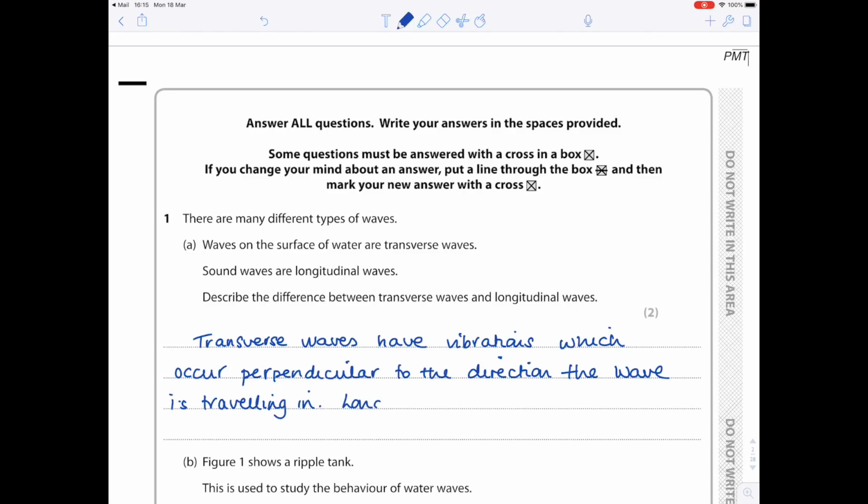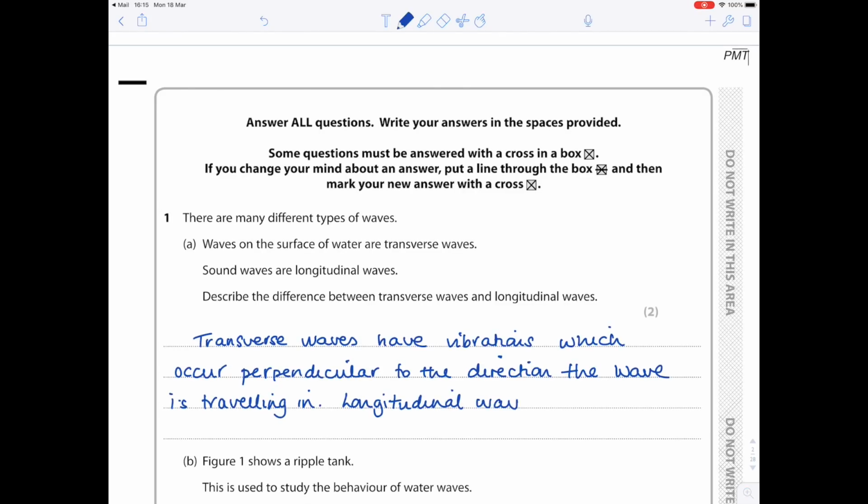Longitudinal waves, and you're using the exact same definition, do notice this. But the crucial difference is that the vibrations occur parallel to the direction in which the wave is travelling.